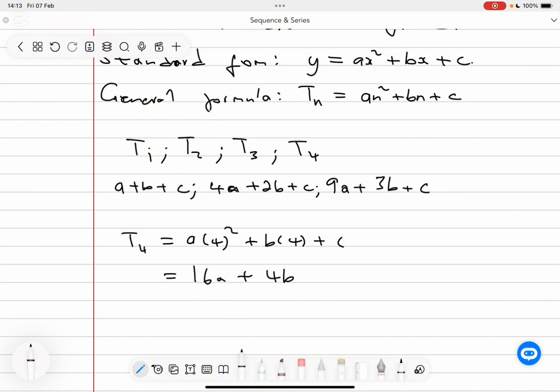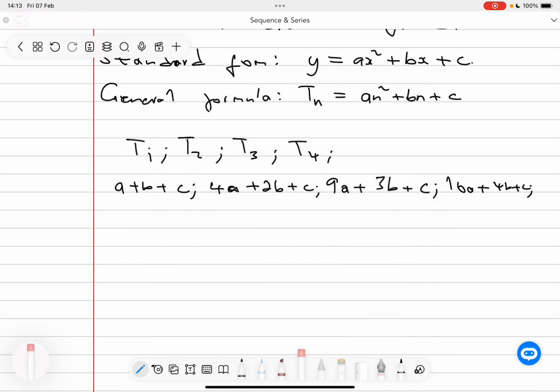And here we're going to have 4b plus c. This means that our term 4 will then be defined by 16a plus 4b plus c.